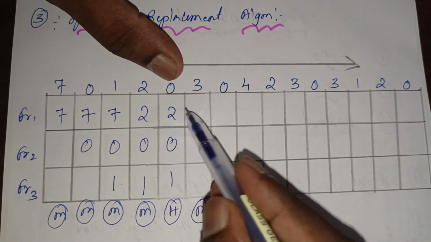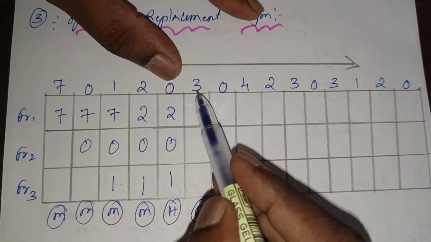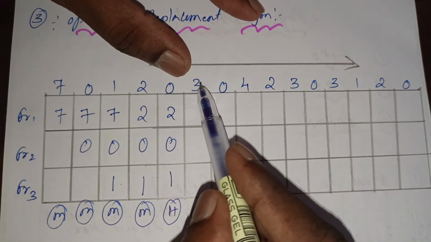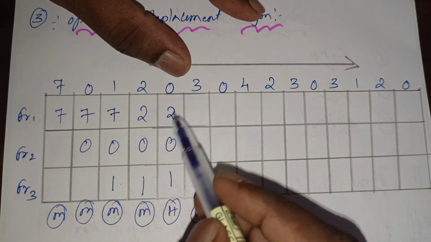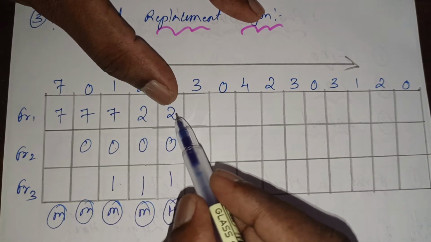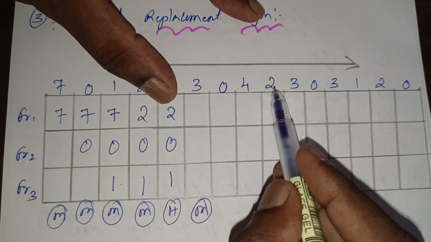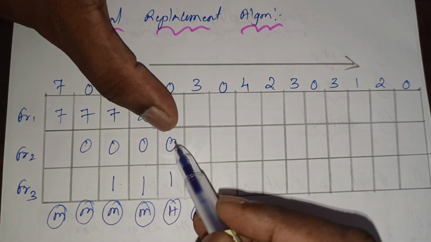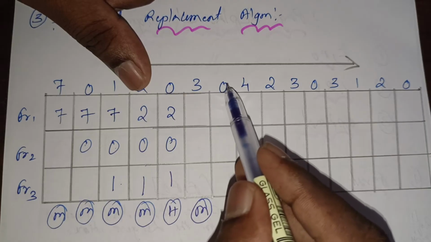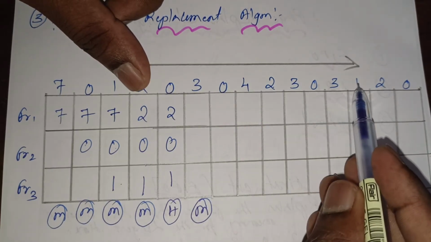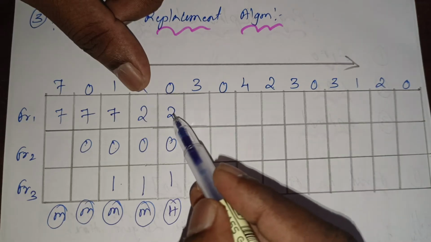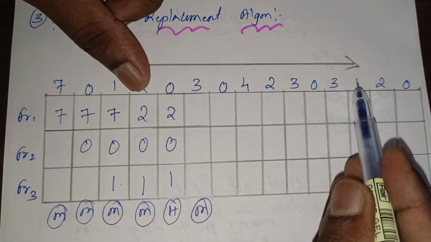Now let's check which particular page will be replaced. See here, I told you we are going to check the future, that is, which is not used in the future. So 2, I am going to check it. 2 is used in the future. 0, I am going to check this. 0 is used very next. And 1, I am going to check, and 1 is at the last. Even though compared to 2 and 0, 1 is used at the last.